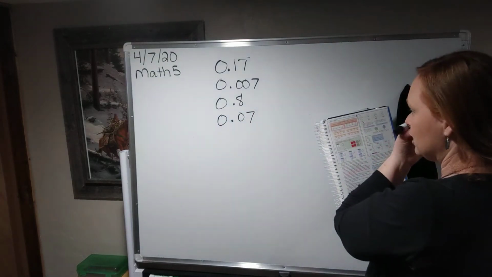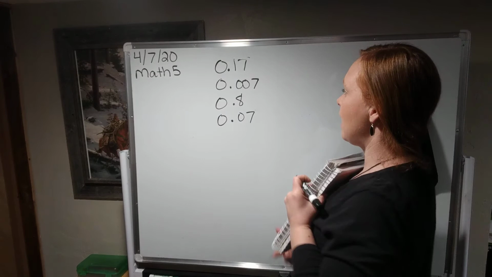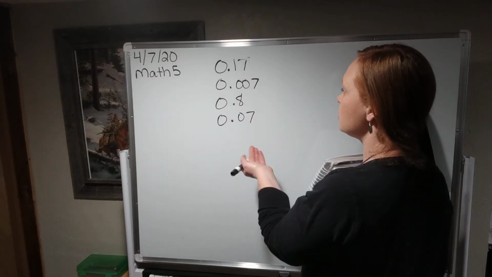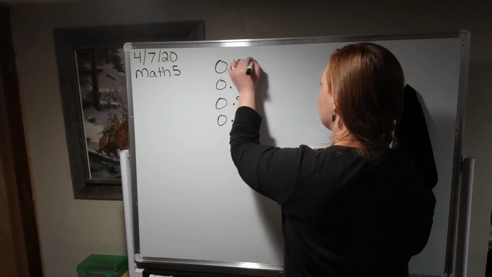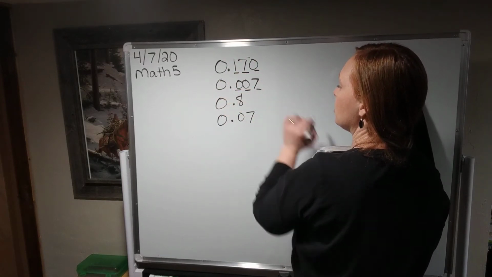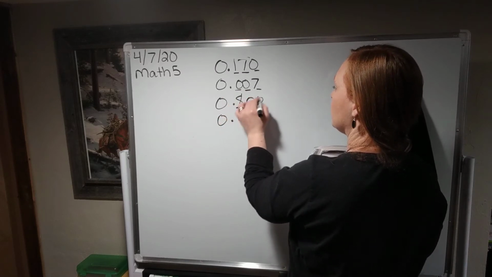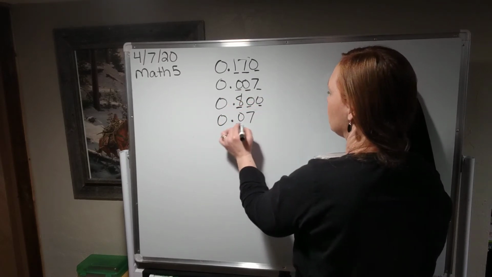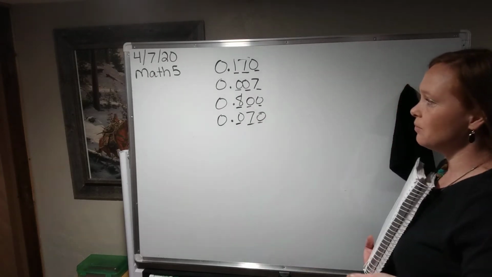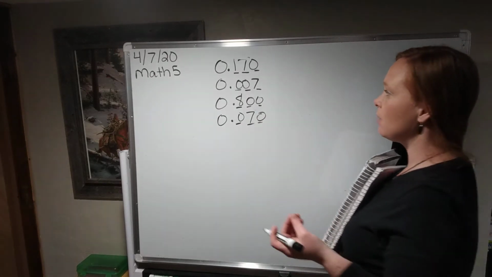So here what we're going to do is we're going to add on zeros or annex zeros to make all of our decimal numbers even. Okay, so this has 3 place values. This one has 3 place values. We want to give this one 3 place values. And this one 3 place values. So we annexed those zeros. And I'm going to show you why we do that.